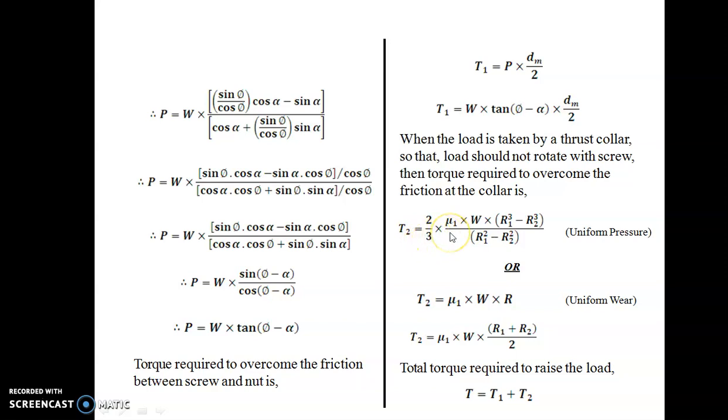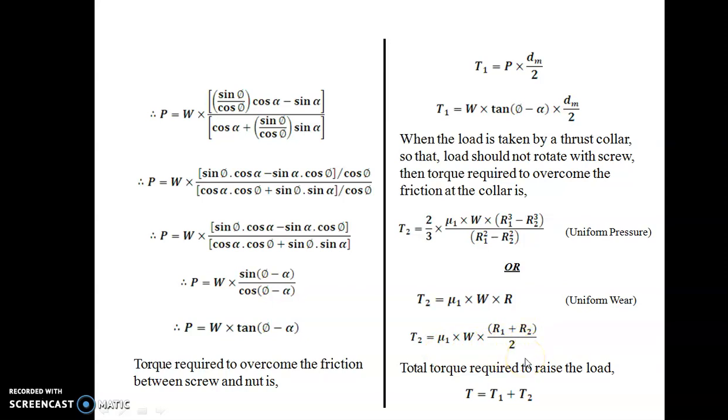By uniform pressure theory, T2 is equal to 2 by 3 into mu 1 W into R1 cube minus R2 cube divided by R1 square minus R2 square, where mu 1 is the coefficient of friction at the collar, R1 is the outer radius of the collar and R2 is the inner radius of the collar. And by uniform wear theory, T2 is equal to mu 1 W into R, where R is the mean radius, and T2 is equal to mu 1 W into R1 plus R2 divided by 2.